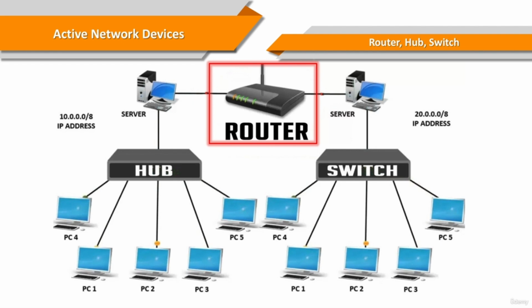And in addition, the router also uses protocols such as ICMP, Internet Control Message Protocol, to communicate with each other and configure the best route between any two hosts. So, in a word, a router forwards data packets along networks.